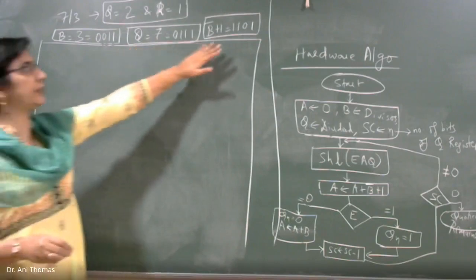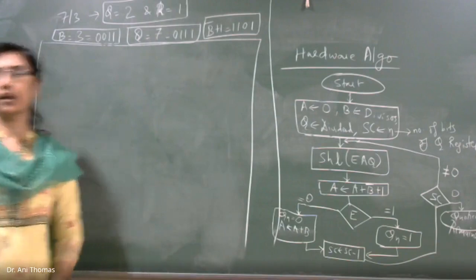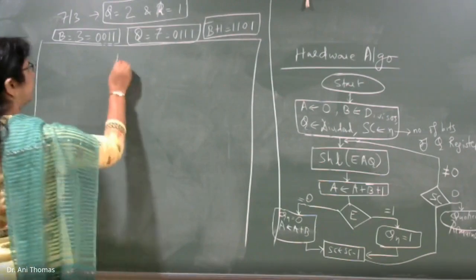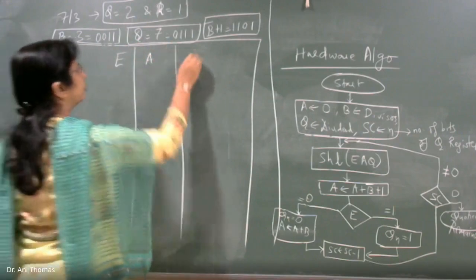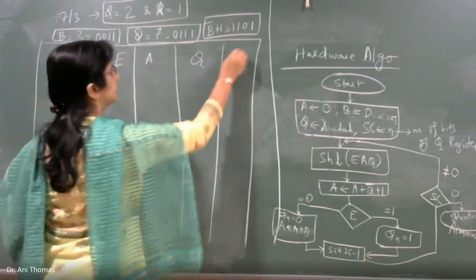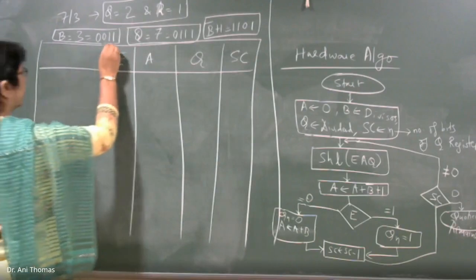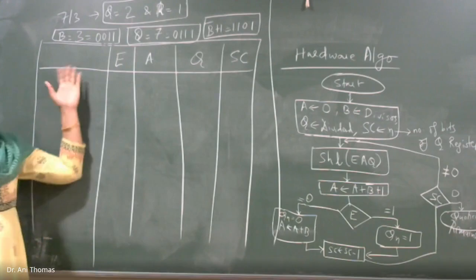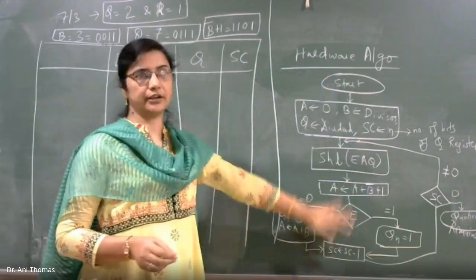So we have kept the value of B bar plus 1 so that we can directly add A plus B bar plus 1. Now, the values of E, A, Q and sequence counter will be enough for performing our operations. So we will start with our operations according to the hardware algorithm.